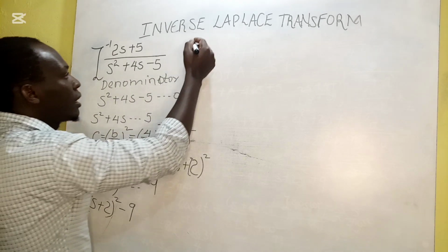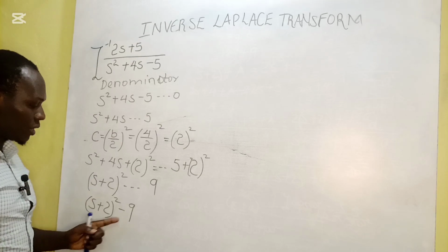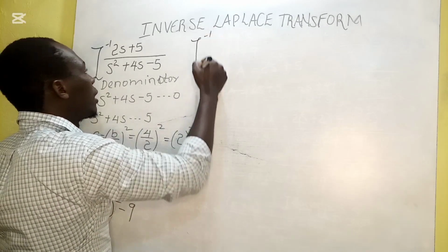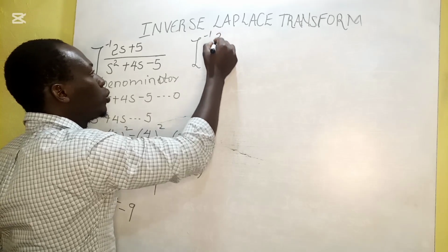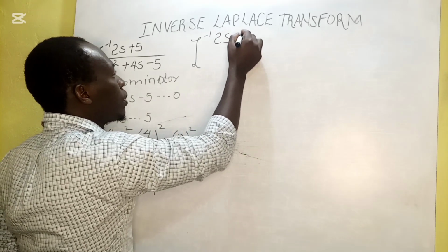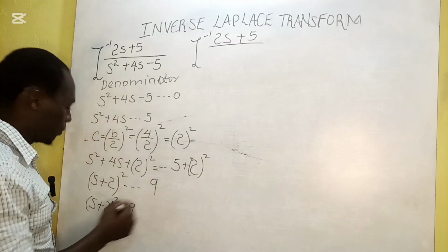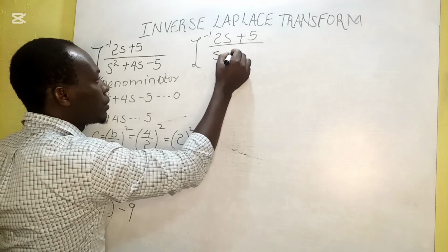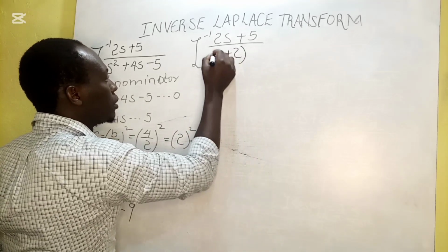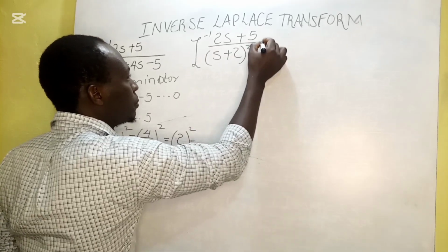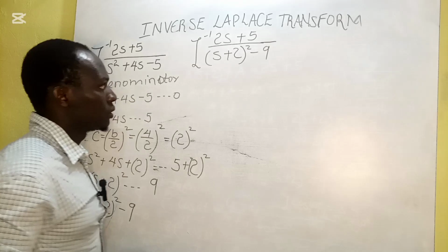Let us now rewrite everything. We are going to have the inverse Laplace transform of 2s plus 5 all over s plus 2, everything squared minus 9.